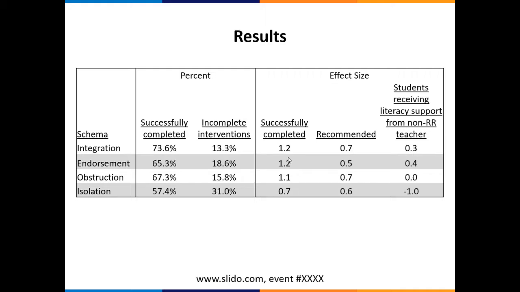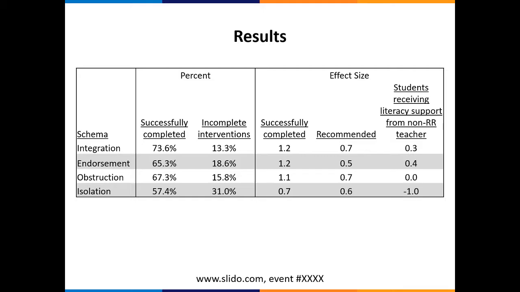And that's normal. Reading Recovery always had this huge effect size. We can see in our first 3 categories that we do maintain a very, very large effect size, but we take a significant drop when a school is operating in isolation.